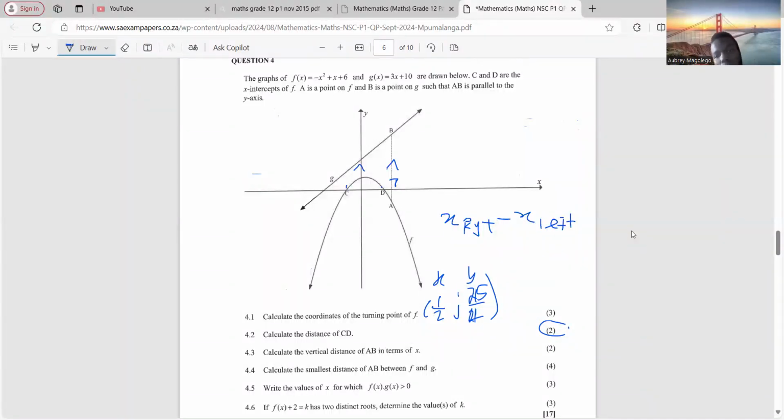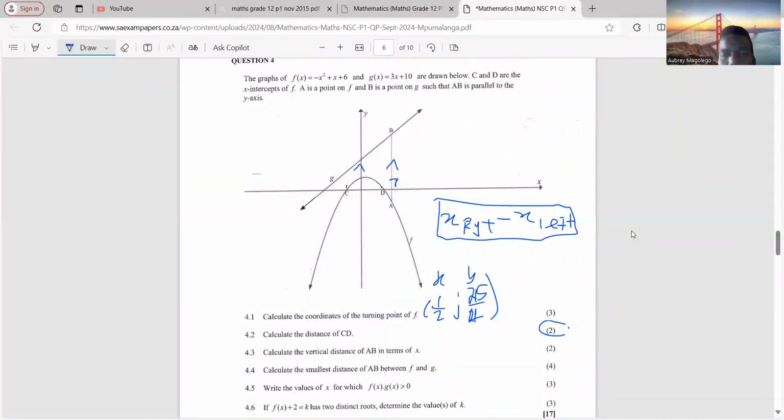The distance of a vertical line is equal to y at the top minus y at the bottom. But this is the formula for horizontal distance: x right minus x left. D is the point on the right and C is the point on the left. That's why we say point D is the x at right.